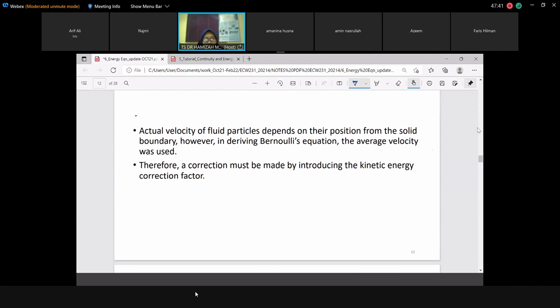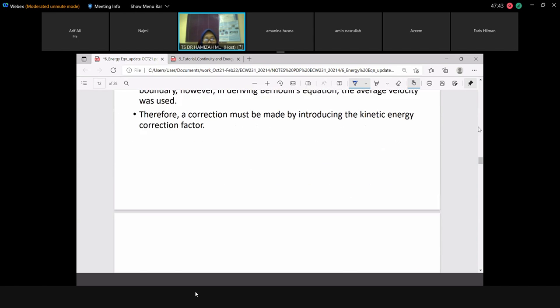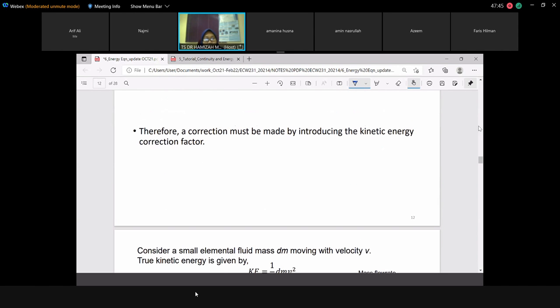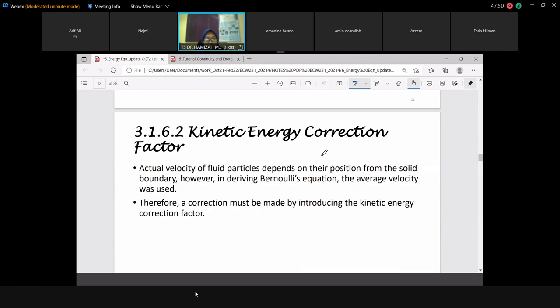Okay. So let's see on the correction factor. So actually the kinetic energy, we need the correction factor sometimes. So how is it being conducted? So we have actual velocity of fluid that depends on the position from the solid boundary.